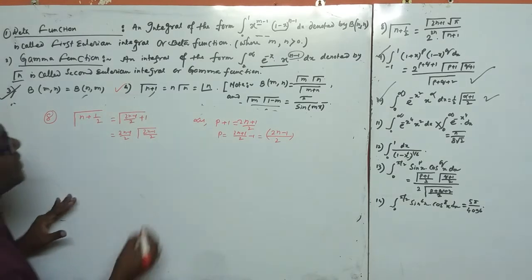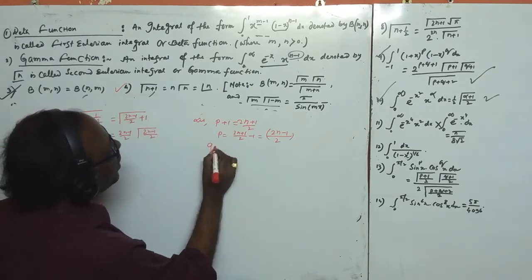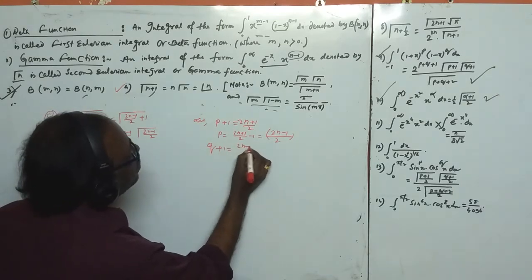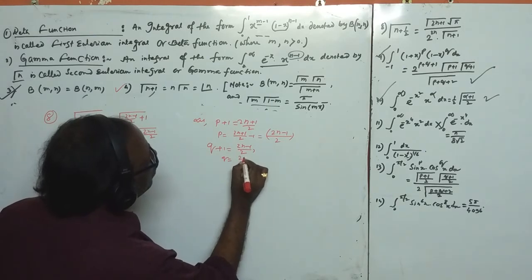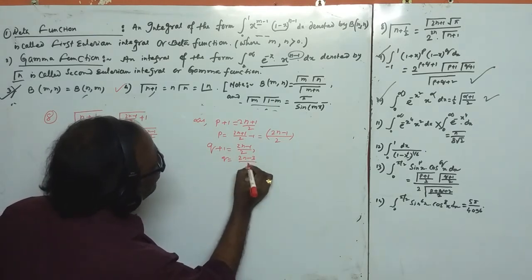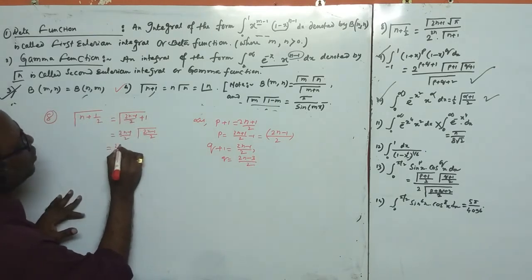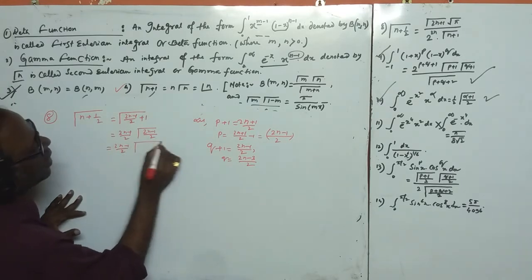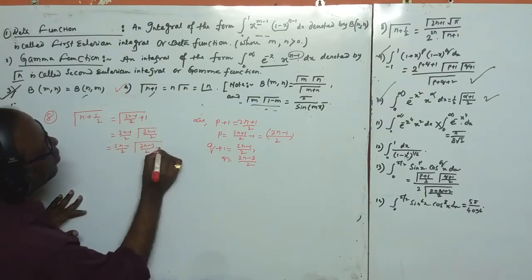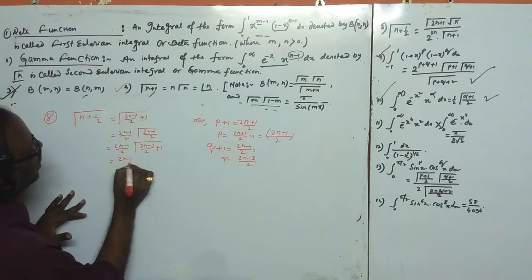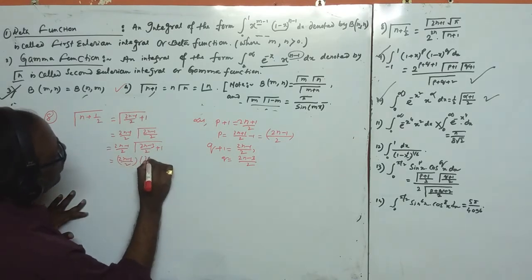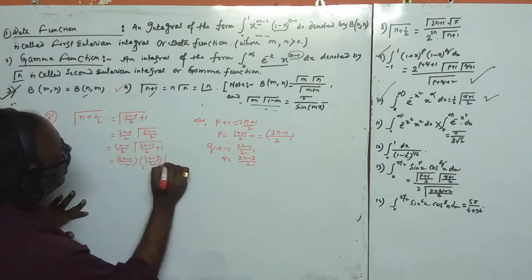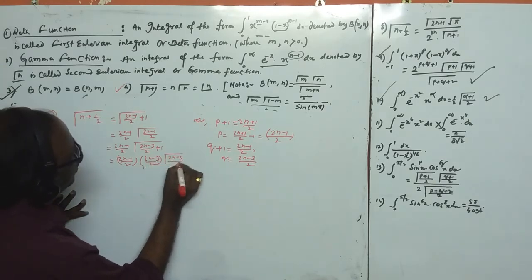Next, let us assume this is a q plus 1 formation, so 2n minus 1 by 2 gives q equal to 2n minus 3 by 2. So 2n minus 1 by 2 times gamma 2n minus 3 by 2 plus 1, which splits into 2n minus 3 by 2 times gamma 2n minus 3 by 2.